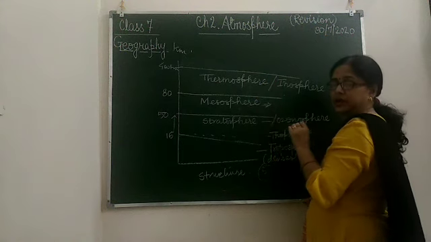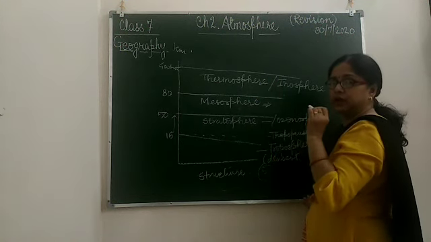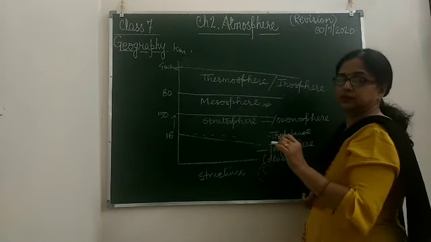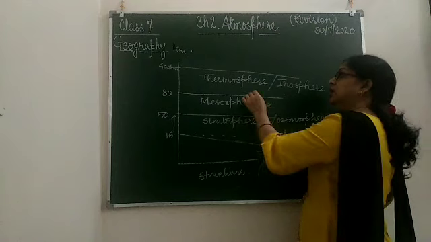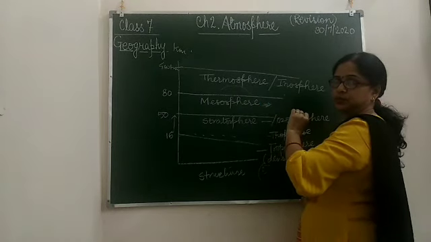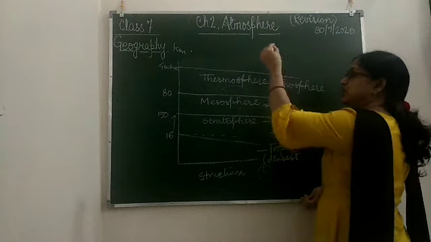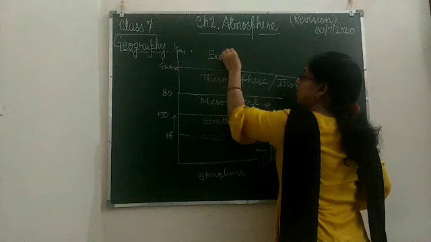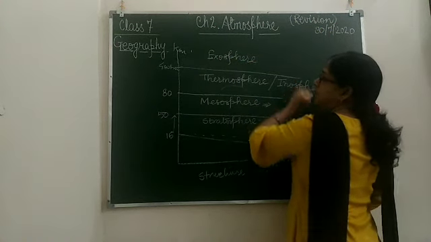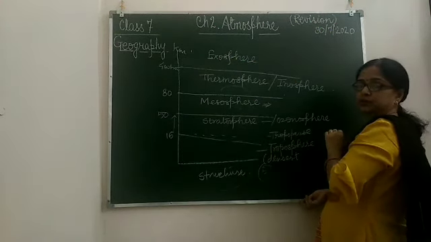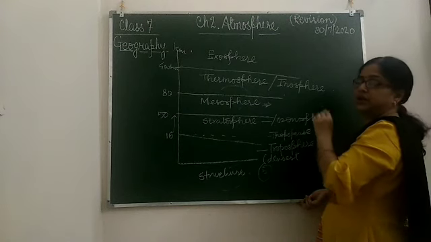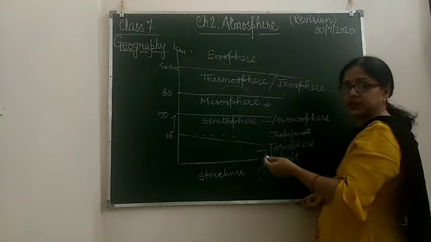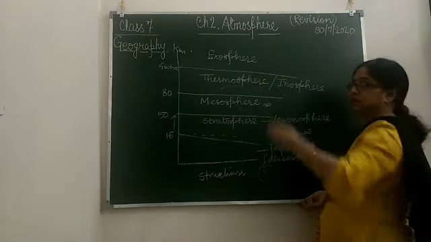We will find ions in this layer, the electrically charged particles, and the space shuttles are there, which help in radio transmission. And the last one is the exosphere. The uppermost or outer layer is called the exosphere. What we find is that rarefied helium and hydrogen gases are present in this layer, and the satellites are there.